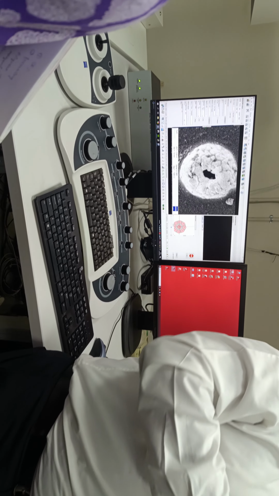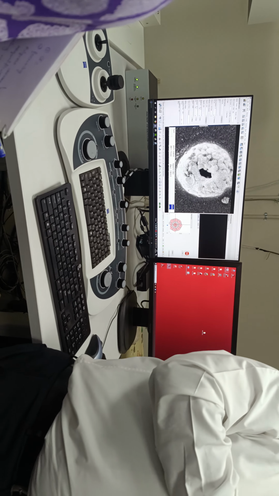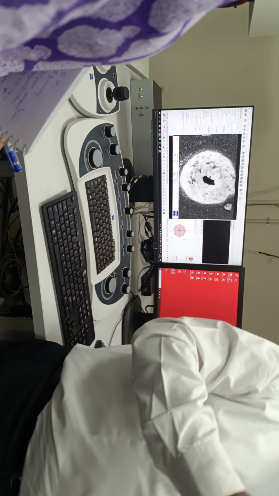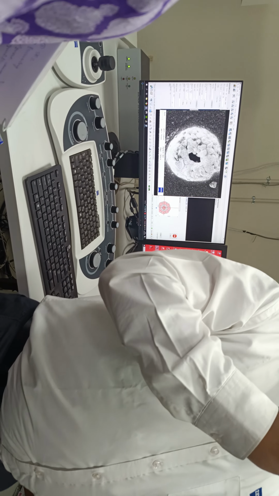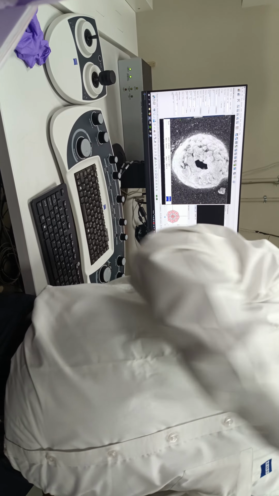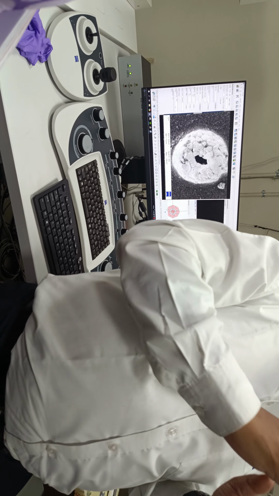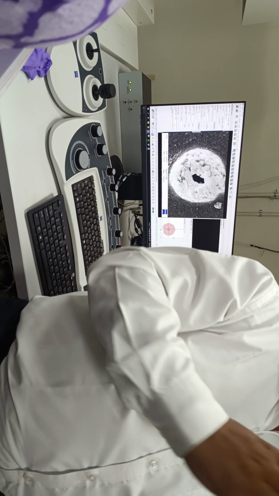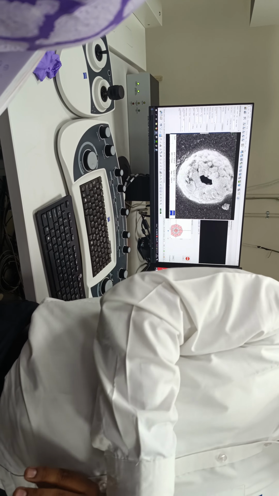Other than that, he has mentioned another error, chromatic aberration. Why does it occur? Because we always consider the wavelength of the electron beam to be a single wavelength, which is not always the case. That is the ideal condition.